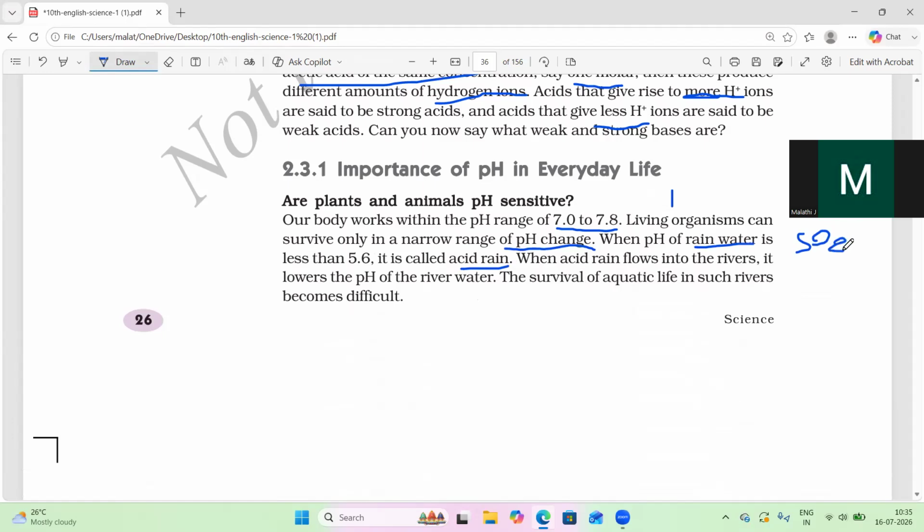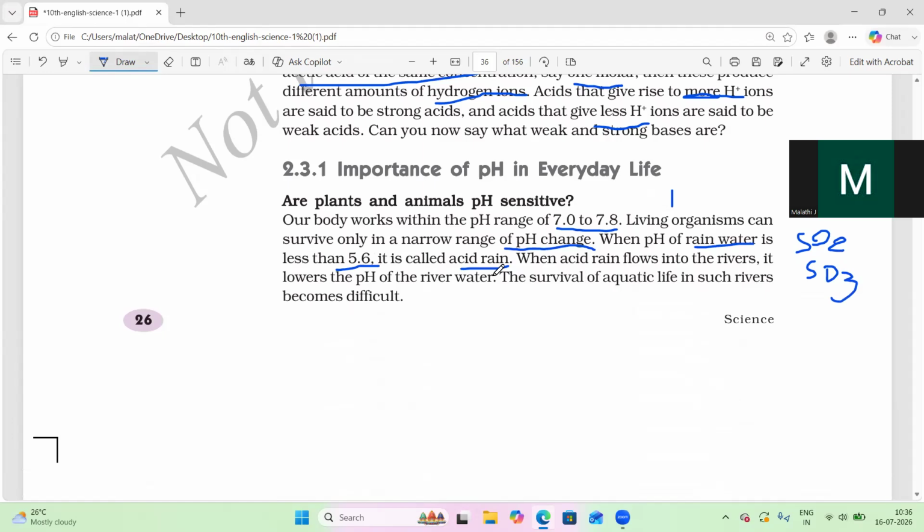The rainwater becomes H2SO3 or maybe H2SO4. When the rainwater combines with the SO2 or SO3 present as pollution in the atmosphere, the pH value of the rain will be less than 6. That is called acid rain.